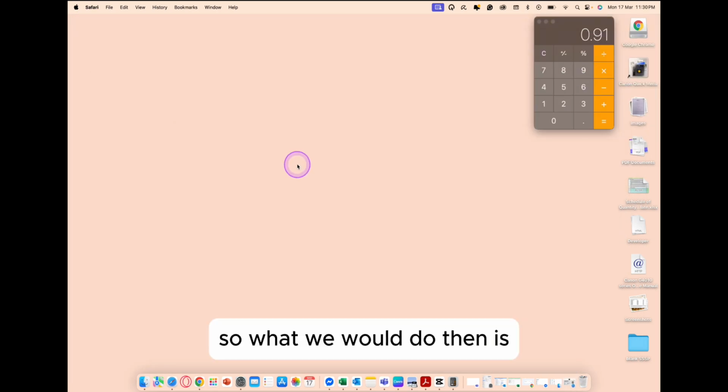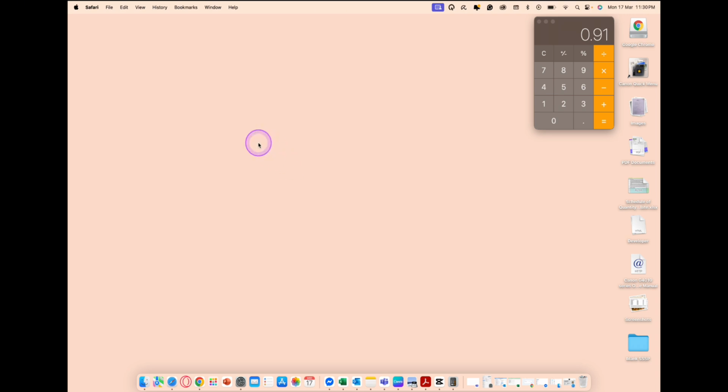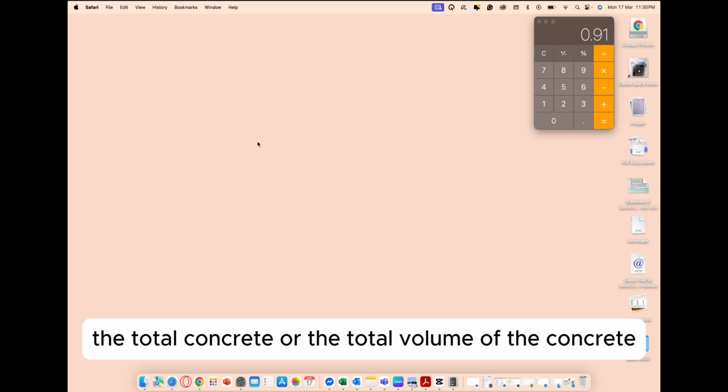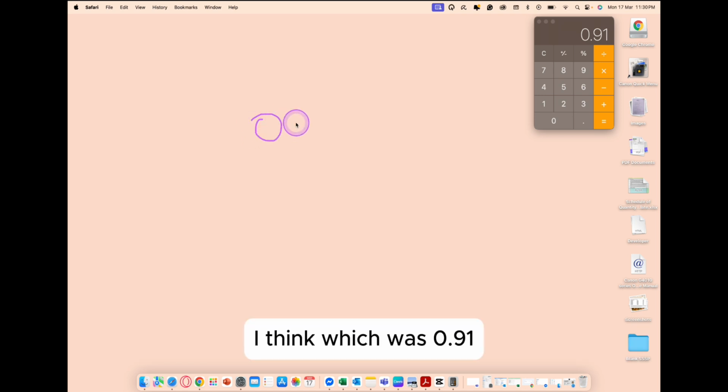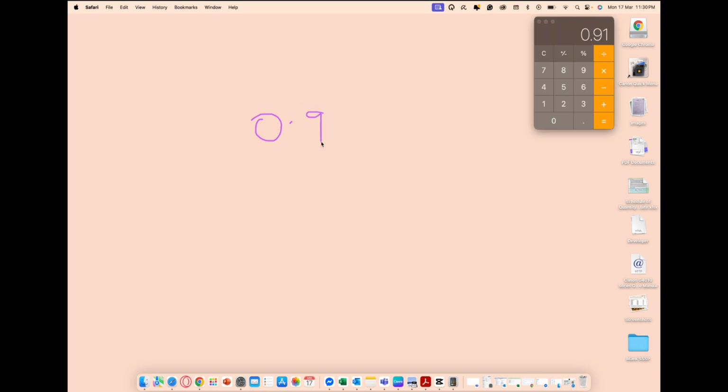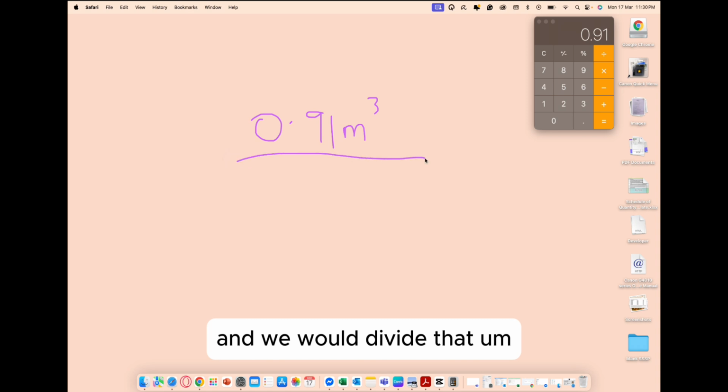So what we would do then is take the total volume of the concrete, which was 0.91, and we would divide that.